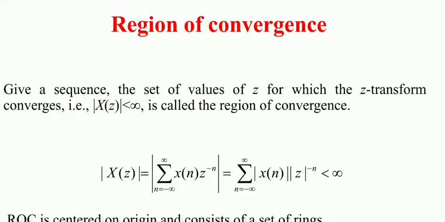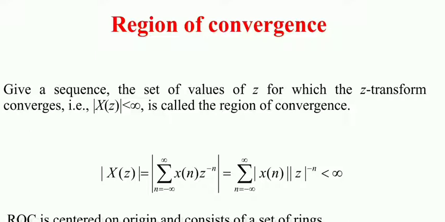That region is known as the region of convergence. If x of z becomes infinity, then you cannot find it, because infinity is not a number that I can express. So my region of convergence means where you are able to find the transform.